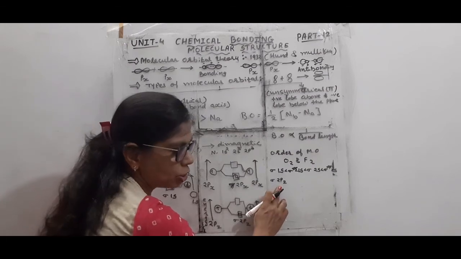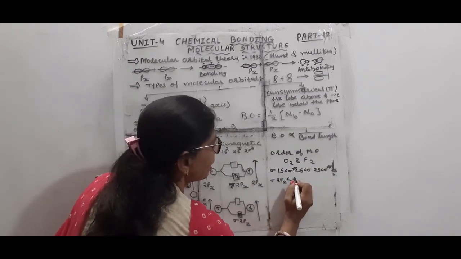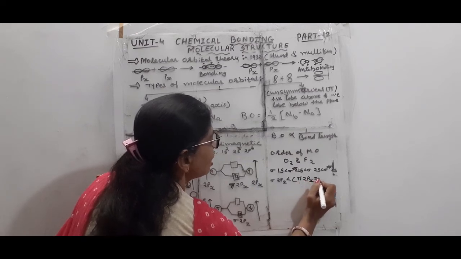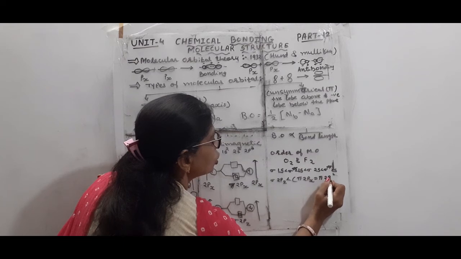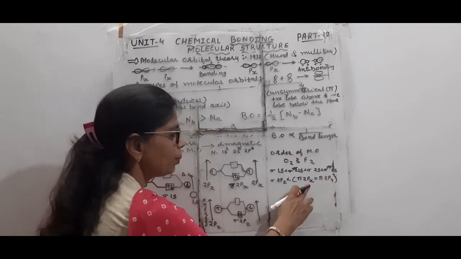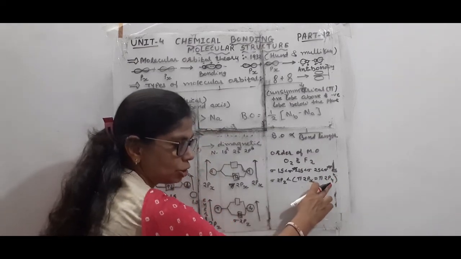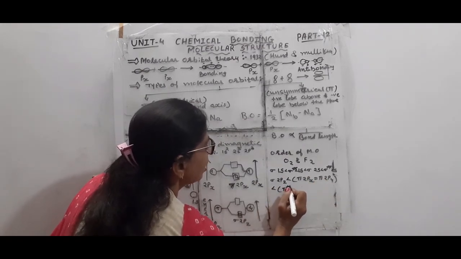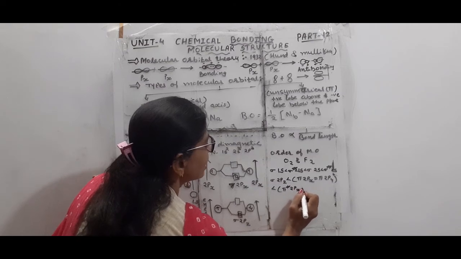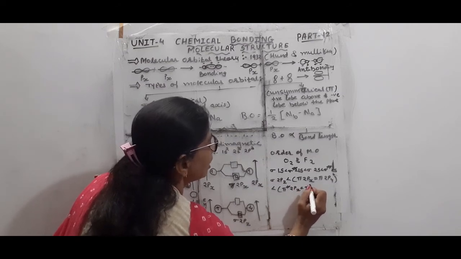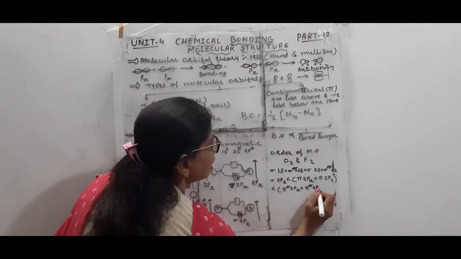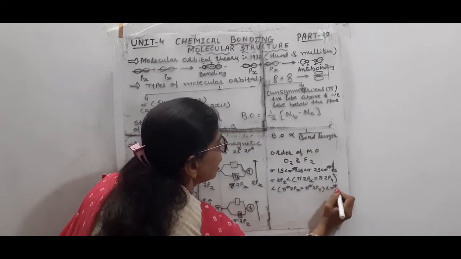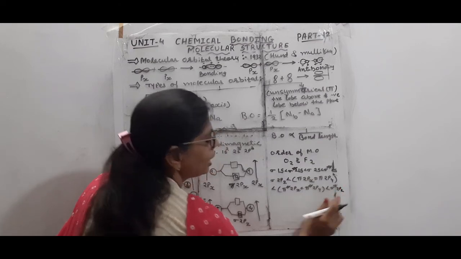उसके बाद में सिग्मा 2pz, उसके बाद में आपके पास में रहेगा पाई 2px is equal to pi 2py. So bonding for 2px and 2py, then antibonding for 2px and 2py, and then lastly the electron enters the antibonding for 2pz.